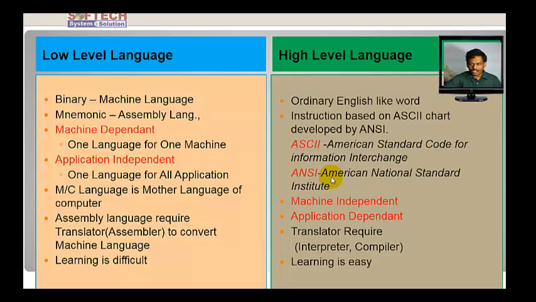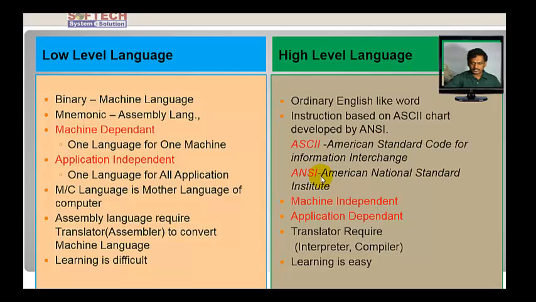If the equipment user or equipment manufacturer wants to develop a new language, they must follow the ASCII chart. So through this ASCII chart, all languages are made machine independent.